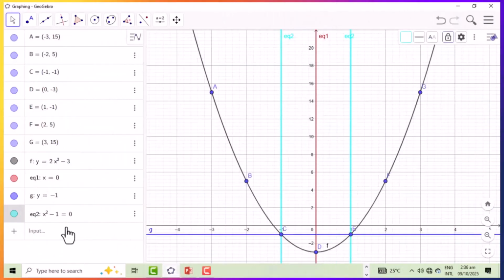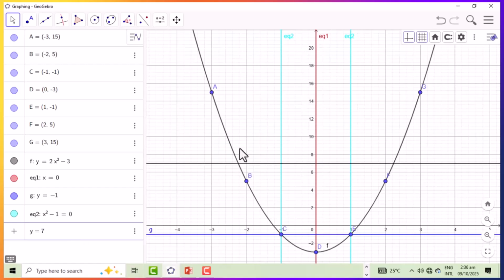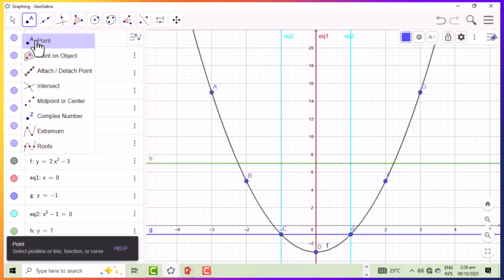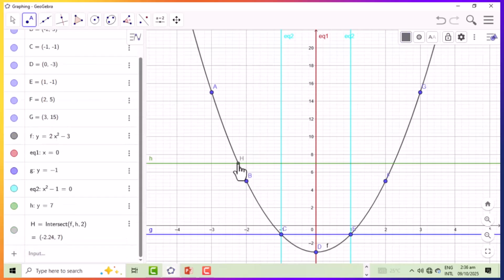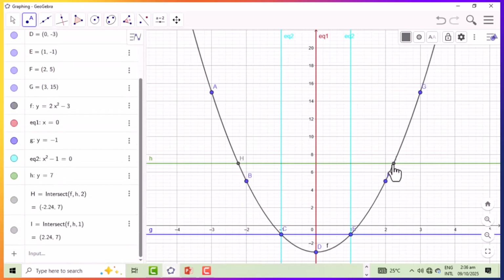So from the graph, we plot y equals 7. Y equals 7 is this green colored line, and the green colored line is intersecting our curve at this point. So let me locate that point. It's intersecting here, and at the same time intersecting here.